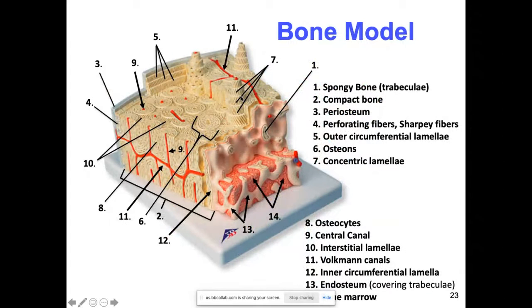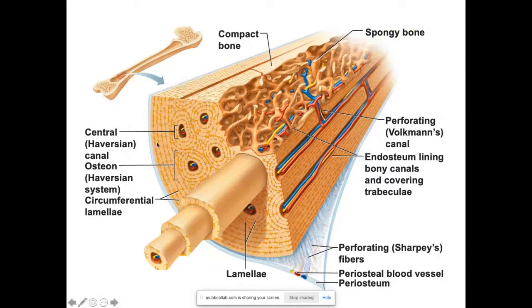When we look at a model of a bone, again, same exact structures. I also want to point out that the very outer portion of the bone is called the periosteum, whereas the inner part of the bone is called the endosteum. You see the word oste, like osteology, is bone; en is for in, peri is outer.